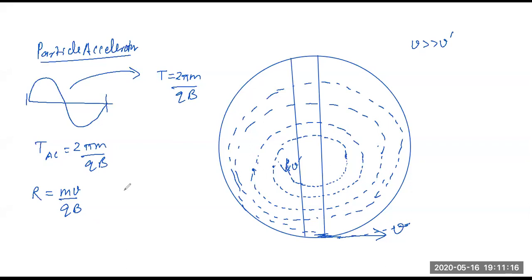Now what will be the change in velocity? Of course you can do this, just see what I'm trying to do. qV is equal to half mv squared.